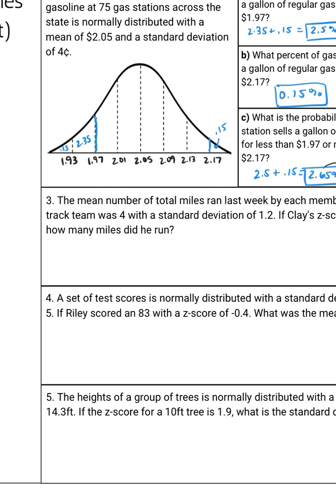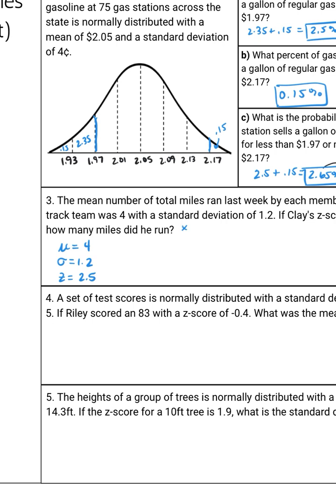So I know that the mean is 4, and the standard deviation is 1.2, and we have his z-score. So his z-score was 2.5. We're looking for how many miles he ran.